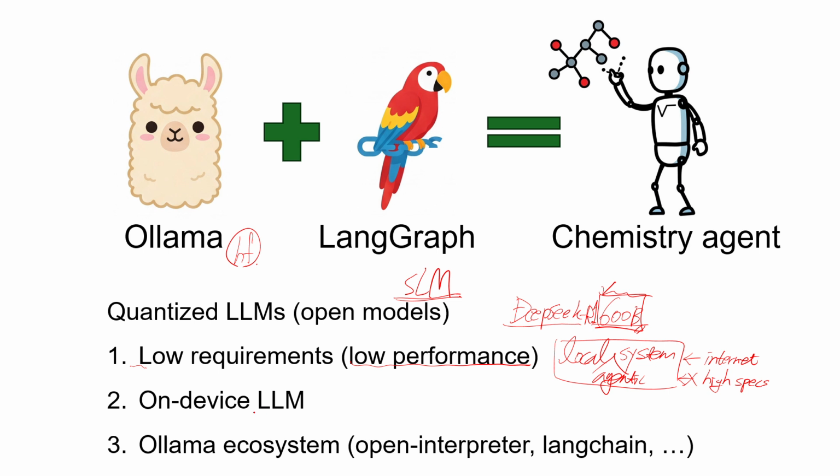And another advantage of using a small language model is that it can run on an edge computer, which is not a really high-spec machine, maybe just a small chip running on the stage, maybe without internet connection, or without much supporting tools.